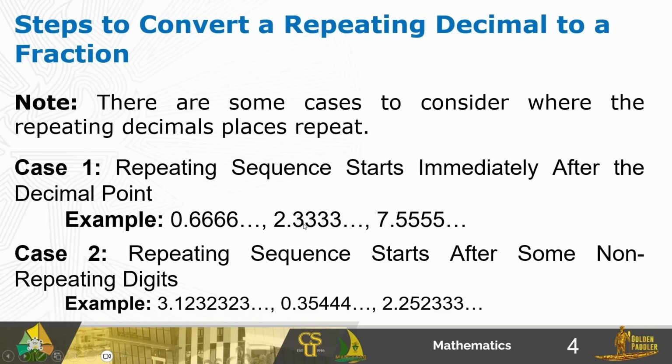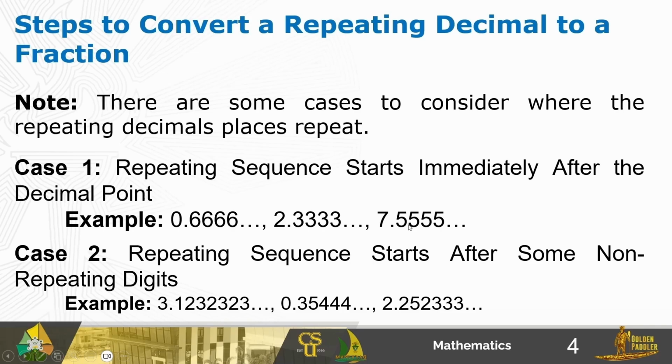As you notice, the repeating block is 3, and it's after the decimal point. And the last example is 7.5555. We can see in this example that the repeating sequence still starts immediately after the decimal point, which is the 5 now.